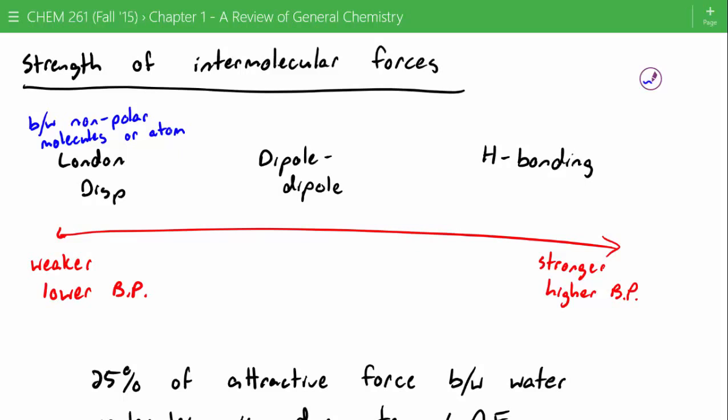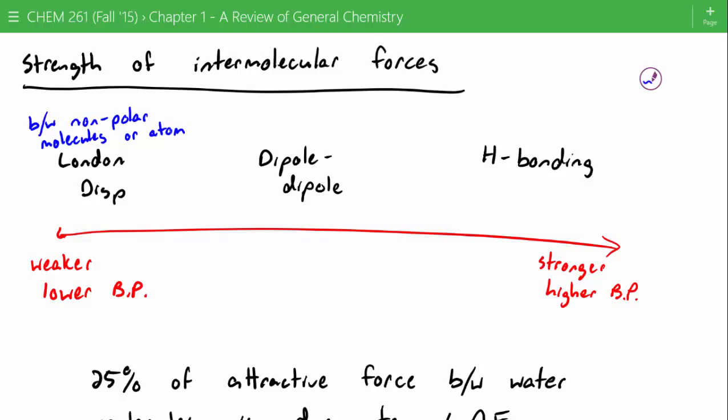If we run into the case of a dipole-dipole interaction, it does have a dipole, and so it exhibits the dipole-dipole interaction and London dispersion forces. Does that make sense? So dipole-dipole and H bonding are between two polar molecules, and they contain London dispersion forces as well.